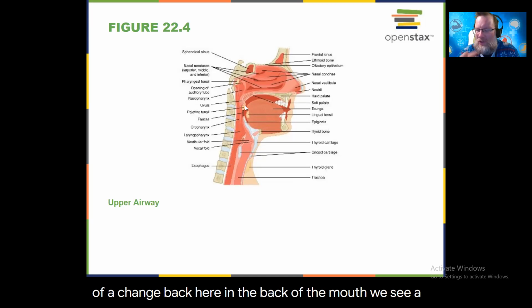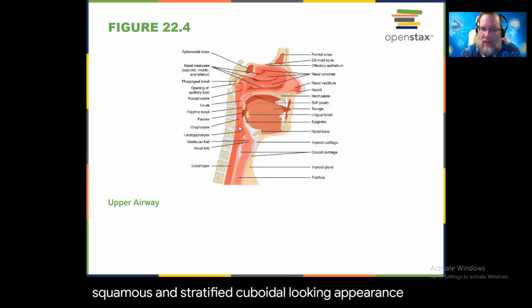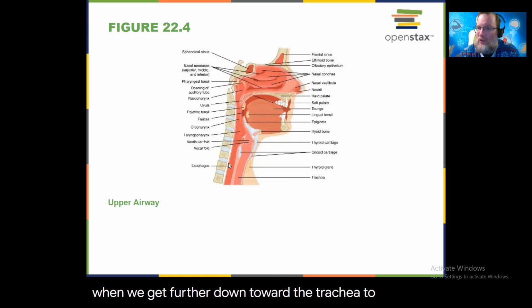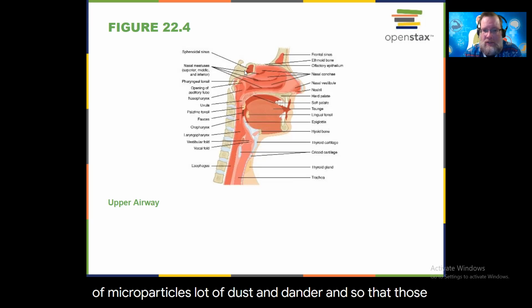We see a switch from that pseudostratified epithelium to more of a stratified squamous and stratified cuboidal looking appearance back in the pharyngeal area, and then it starts back up again when we get further down toward the trachea, to being pseudostratified ciliated columnar epithelium. Okay, so again, why do you have cilia? To grab up debris. There's a lot of microparticles, a lot of dust and dander, and those cilia are going to help with that.